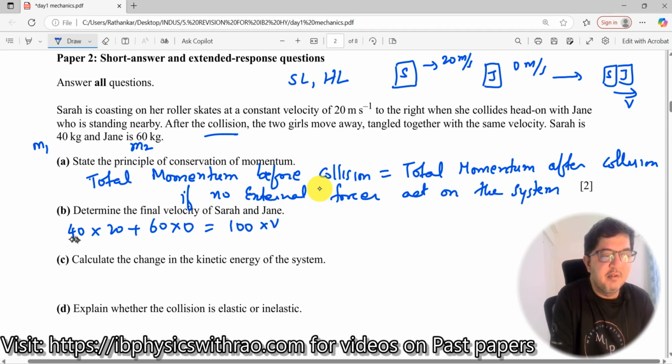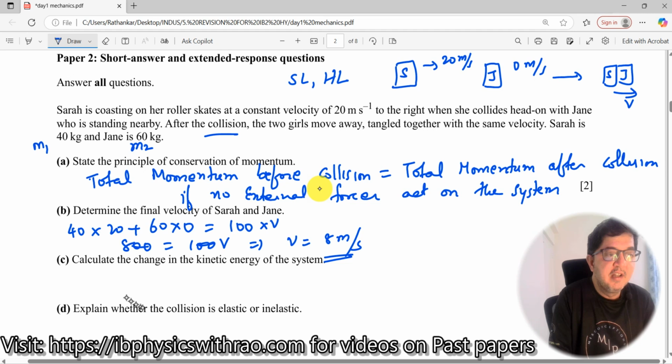So what will this be now? 40 into 20 would be 800, equal to 100 V, so the combined velocity V will now be equal to, the double zero goes, 8 meters per second.